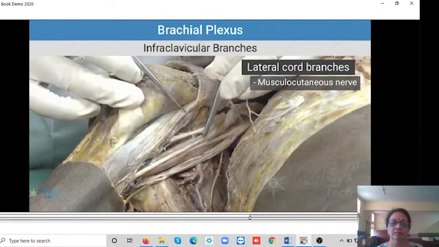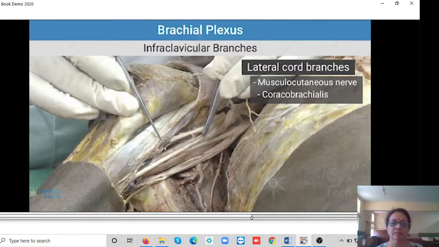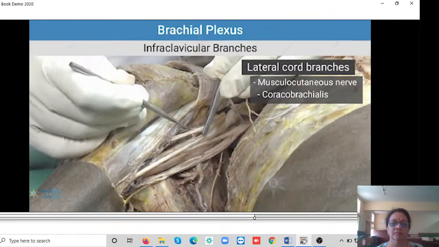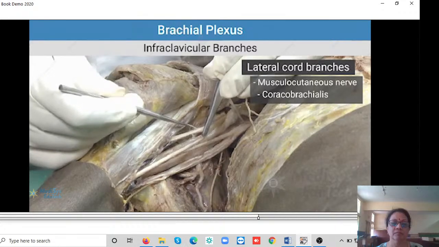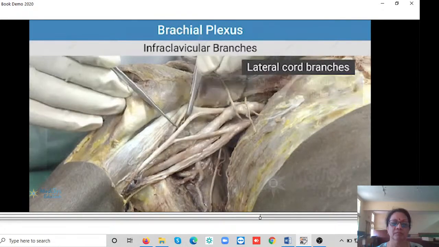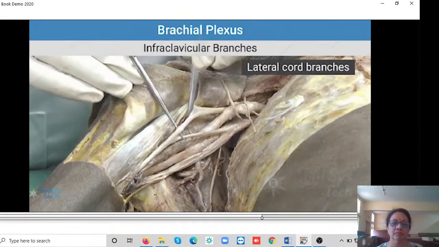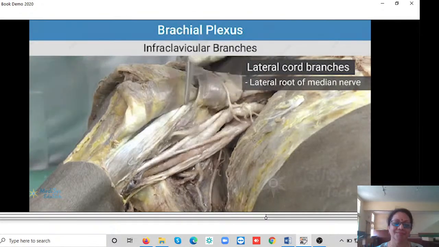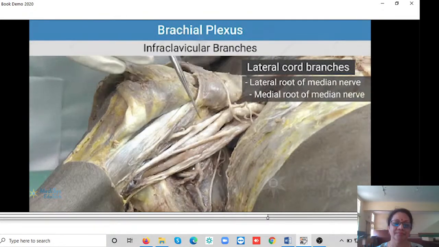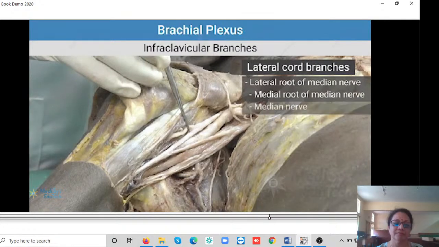Musculocutaneous nerve pierces the coracobrachialis muscle, and supplies the coracobrachialis muscle before piercing it. The third branch of the lateral cord is the lateral root of median nerve. This unites with the medial root of median nerve to form the trunk of median nerve.